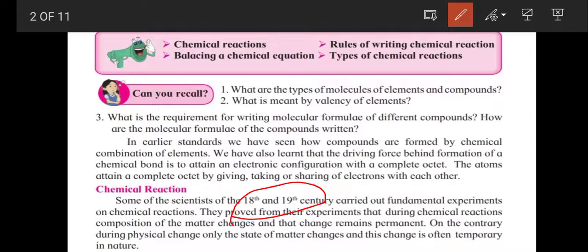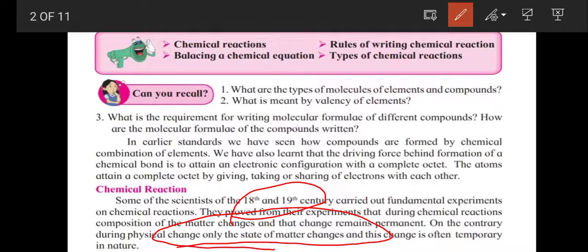Now in a physical change, only the state of the matter is changed. For example, the conversion of water to solid or solid to water. What is exactly done here? Whenever you put a glass of water into the refrigerator, after some time the cooling process is done on that water, and the water is converted into an ice cube.